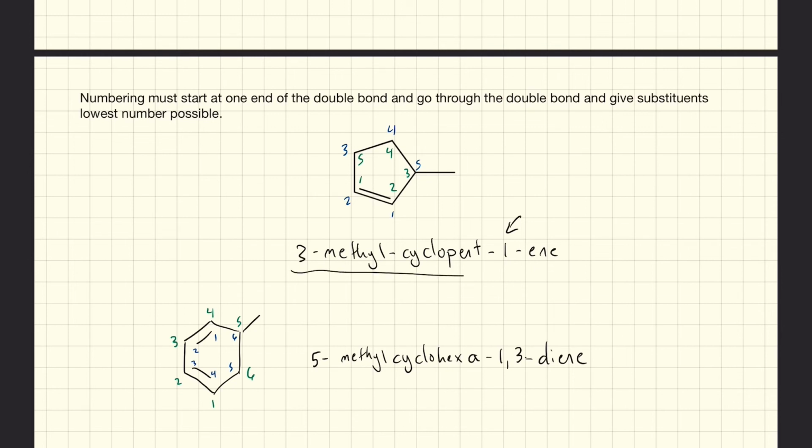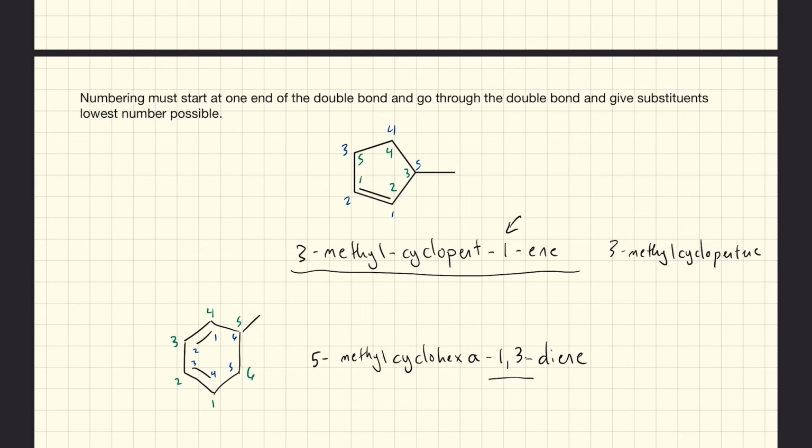Now, you may well see this one as just 3-methylcyclopentene because the 1 is kind of assumed in there. But for this one, we need to make sure that we give the location of both of those double bonds.